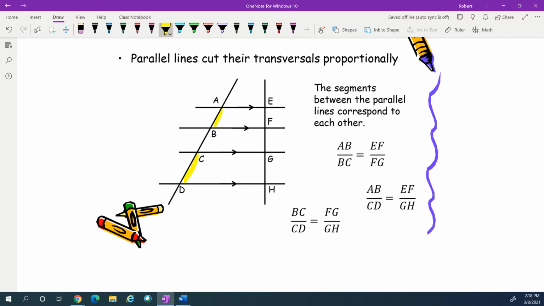So the top section and the bottom section, that corresponds to EF and GH, the top section over the bottom section from the second transversal. In our third example, BC over CD, that corresponds to FG over GH.